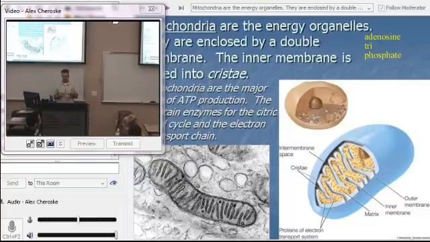Then your cells use that glucose to manufacture ATP. We store the ATP, and then that can be broken down and used, again like a rechargeable battery, later on if the cell needs it for moving, if it's a muscle cell or something like that. Okay? So the mitochondria are the organelles inside the cell that produce the bulk of the ATP that these cells need.